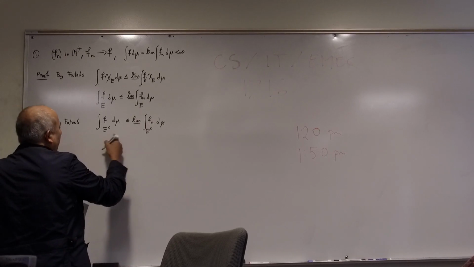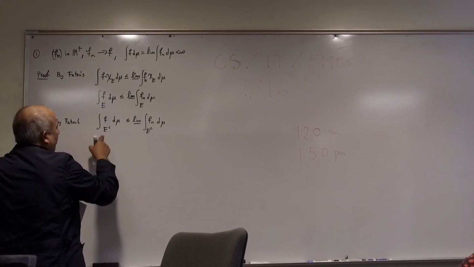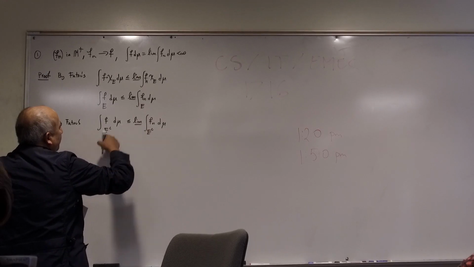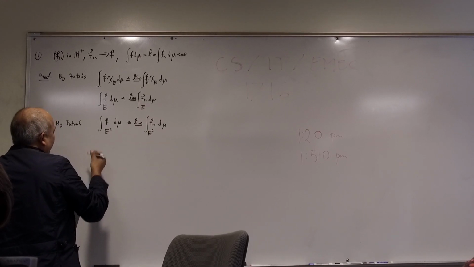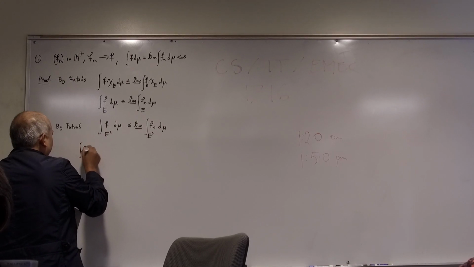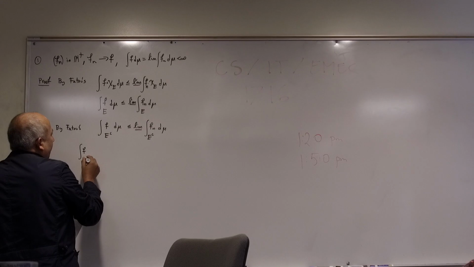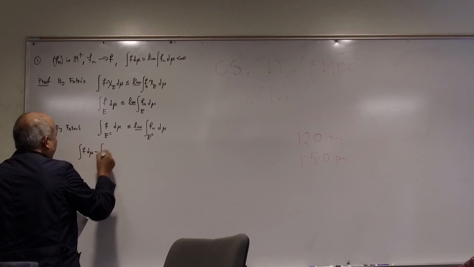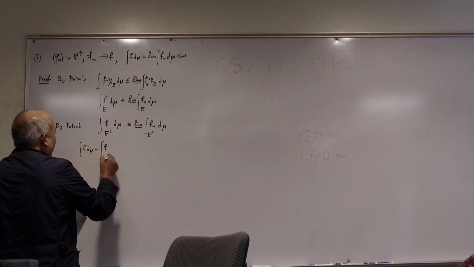So now I separate this integral as the integral of f minus the integral on E. I split it, so this is the same as the integral of f on the universe minus the integral of f on E.